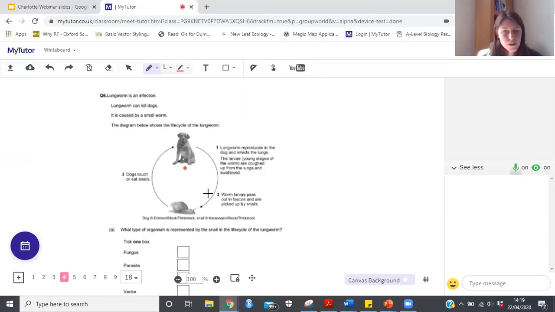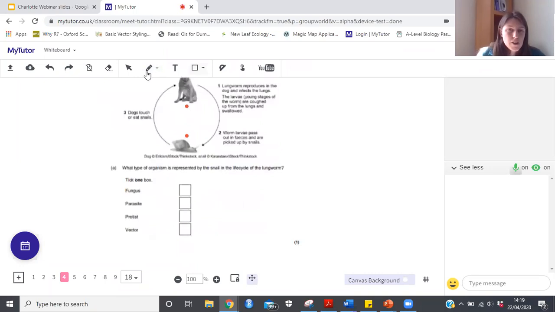So we started in dogs, now we're in snails. Then, part 3, the dogs touch or eat the snails. And so then we return to the dog. It's a very interesting life cycle. It involves 2 different organisms that you wouldn't necessarily connect, but they obviously come into contact fairly often because lungworm is found in dogs fairly regularly, not all the time.